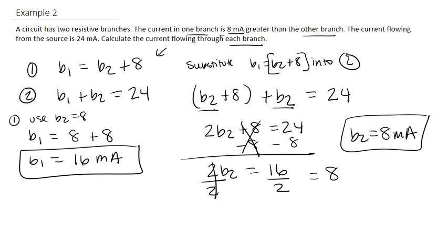Now if you used equation 2, you'd get the same answer, because you'd get B1 plus 8 equals 24. We subtract 8 on both sides, and we get B1 equals 16. So either way, we would get the right answer if we substitute B2 equals 8 into equation 1 or 2.